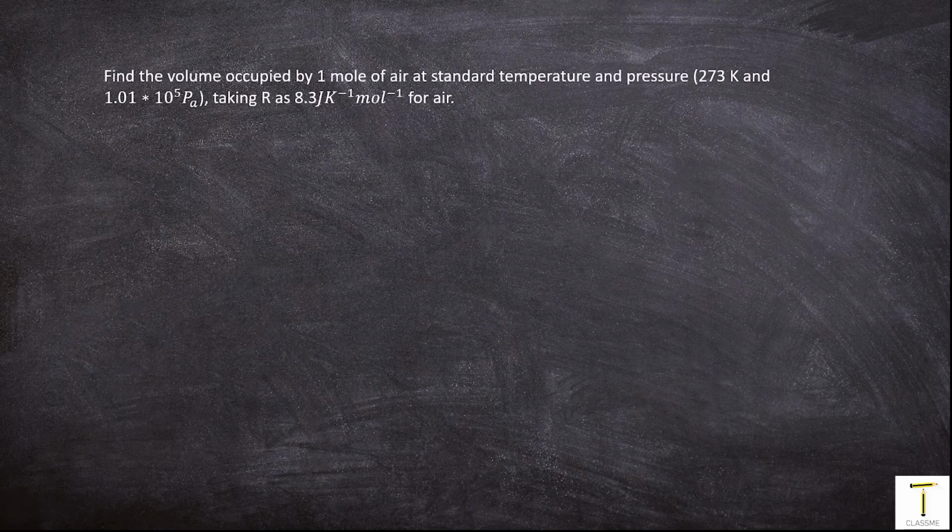Let's do a numerical about the ideal gas. The question is: find the volume occupied by 1 mole of air at standard temperature and pressure, 273 Kelvin and 1.01 into 10 to the power 5 Pascal, taking R as 8.3 joule per Kelvin per mole.